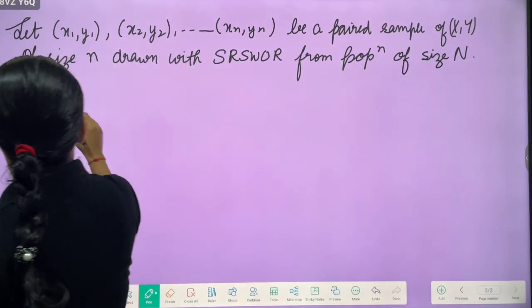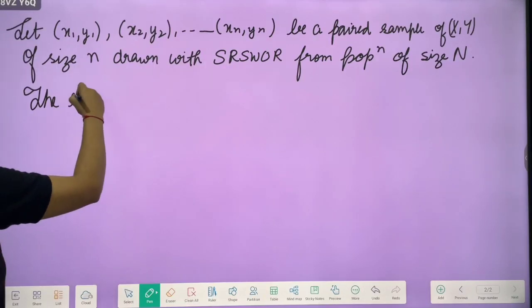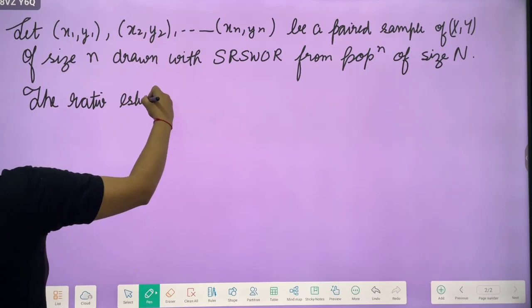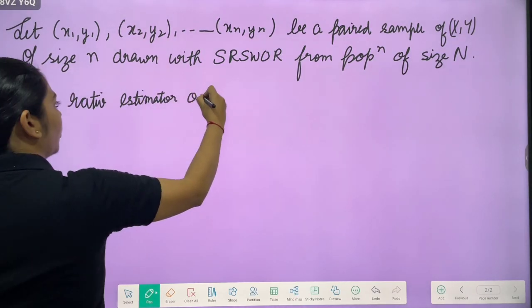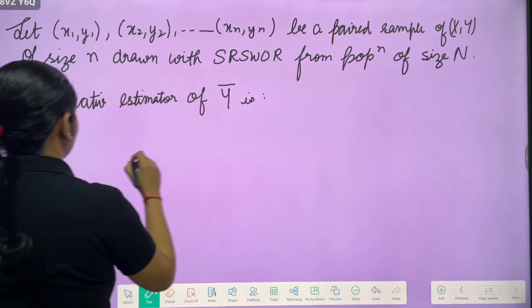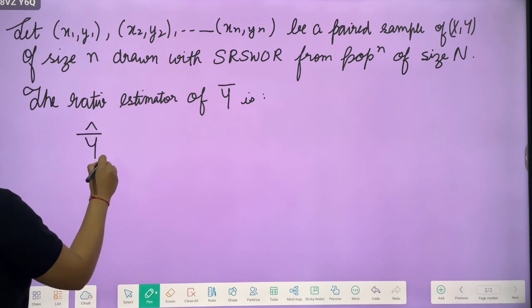Then the ratio estimator of y bar can be written as y bar cap R. I am putting R in the subscript because this is the ratio estimator.